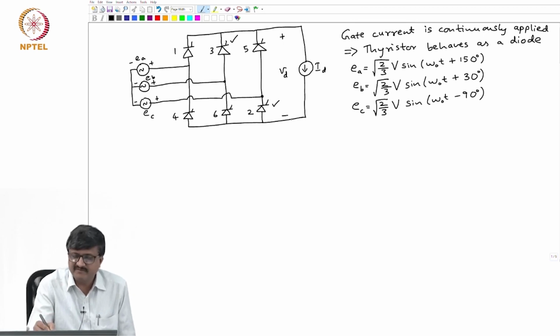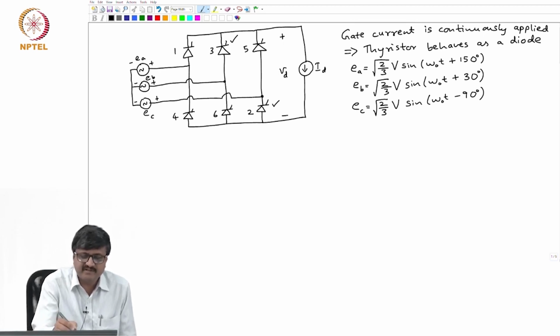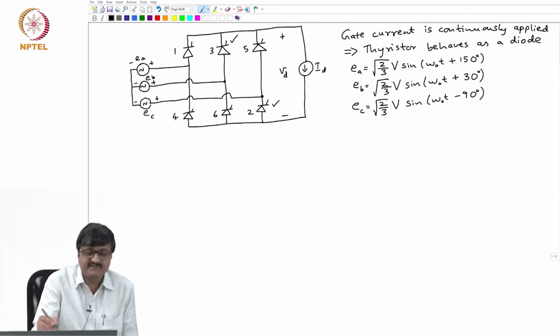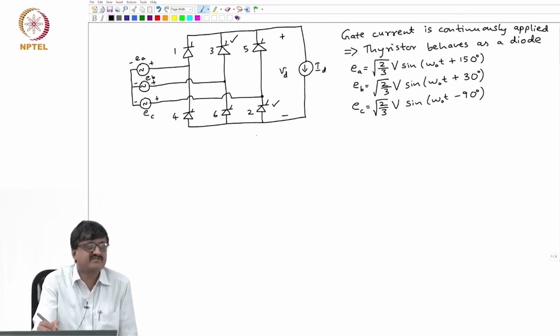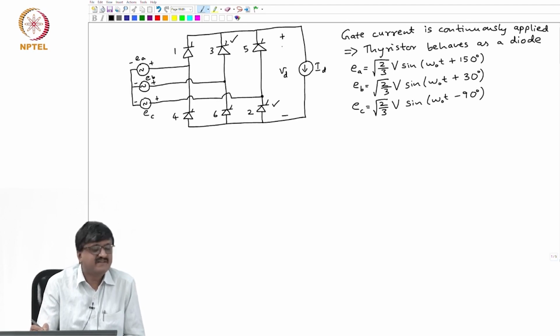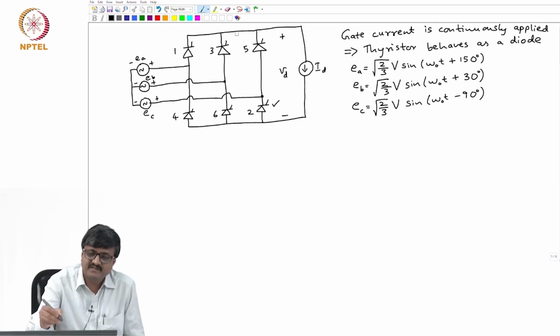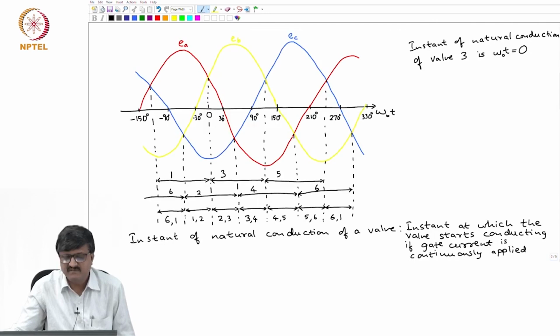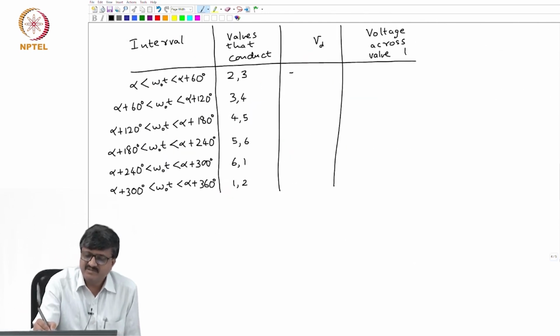The negative terminal of the DC side is connected to the positive terminal of EC through valve 2, which is again acting as a short circuit. So, what is VD? EB minus EC. Okay. So, let us write that. EB minus EC.